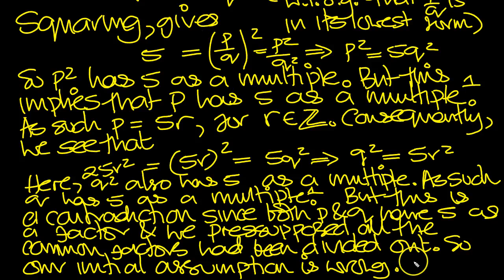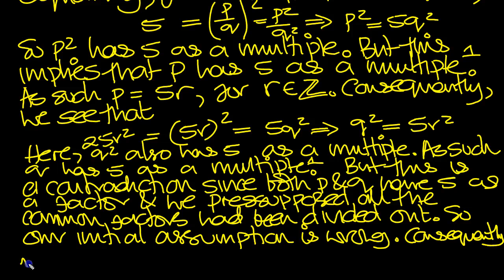Consequently, root 5 is not rational. In other words, it's irrational.